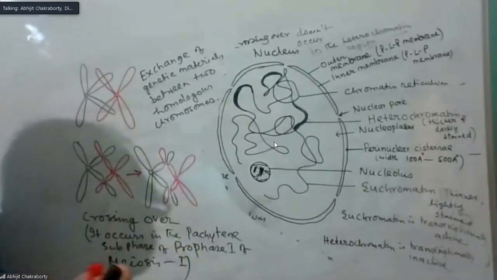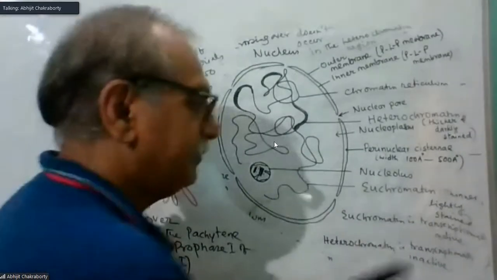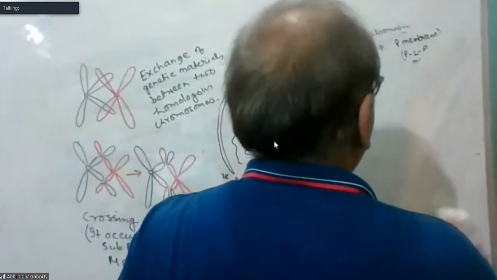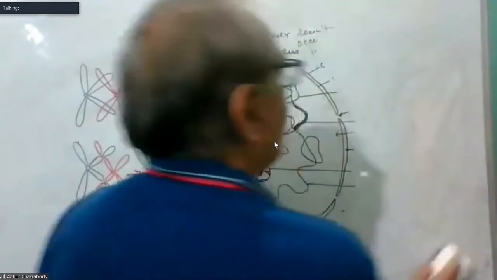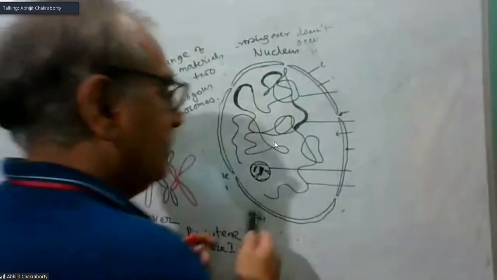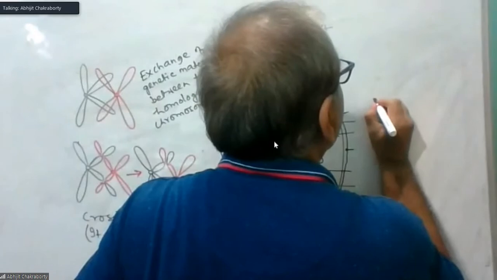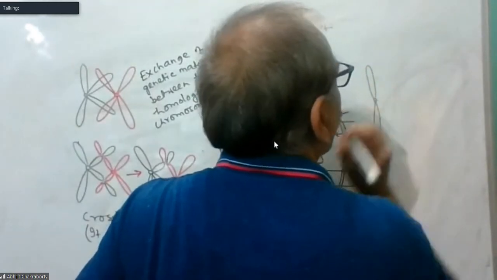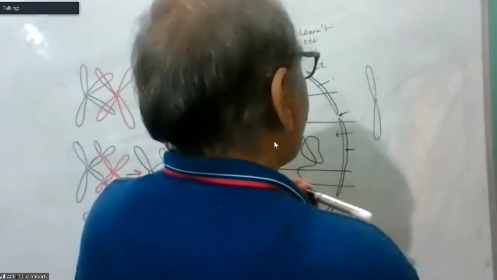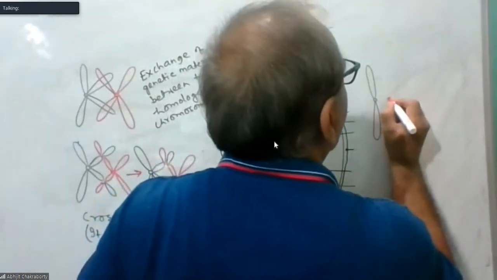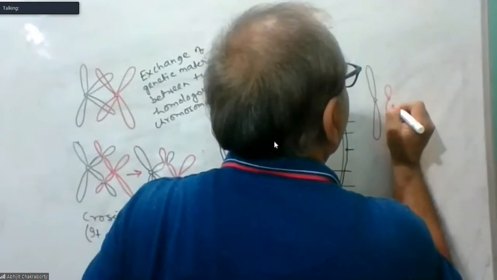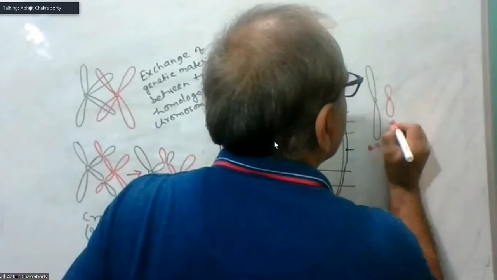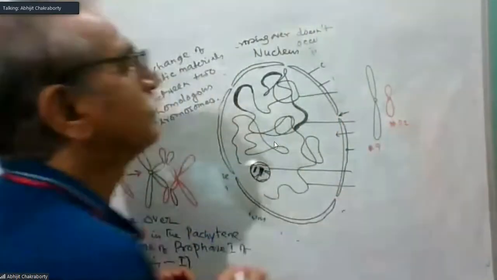But whenever exchange of genetic material takes place, look, suppose this is chromosome number 9, this is chromosome number 22.